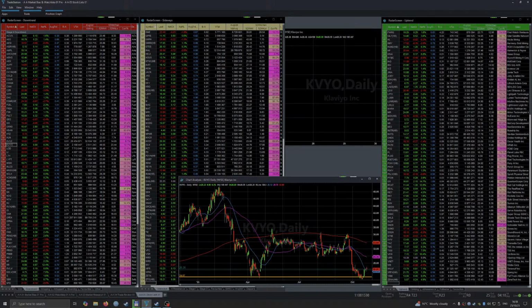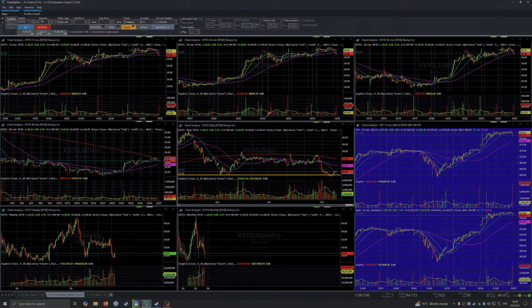Usually, let me bring the other window across. This is the window that I've been updating from time to time. So we have this trend line here. It has been dropping.